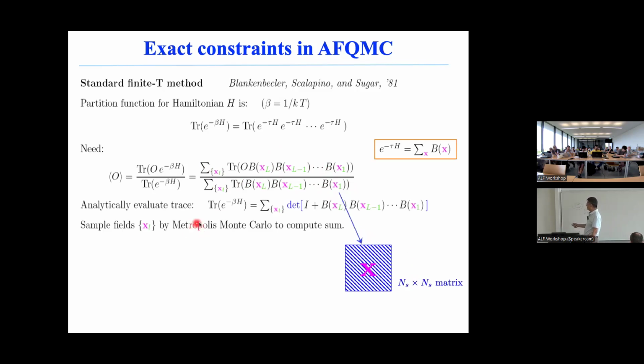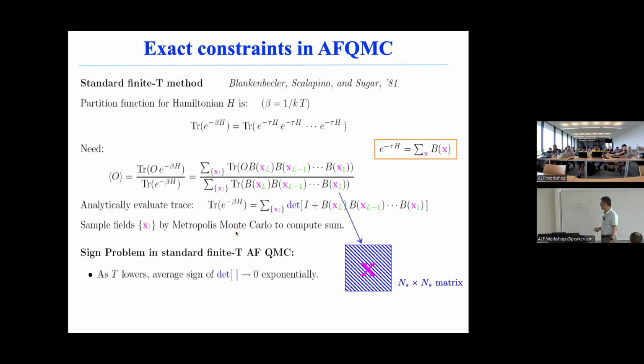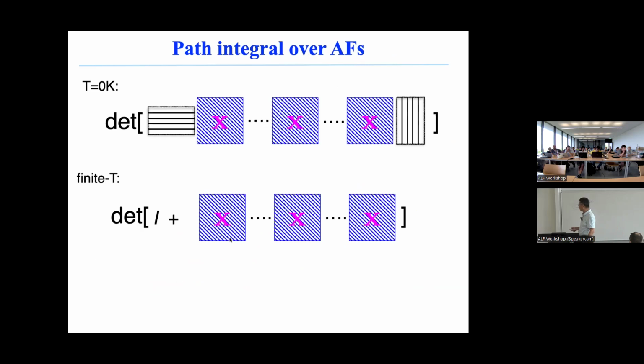And then you evaluate the trace, you end up with this expression that you're familiar with, and then you do Monte Carlo, you sample the fields, you do Monte Carlo to compute the sum. And of course, you know the symptom: as temperature lowers, the average sign of this determinant goes to 0 exponentially, or as you grow the volume, it increases.